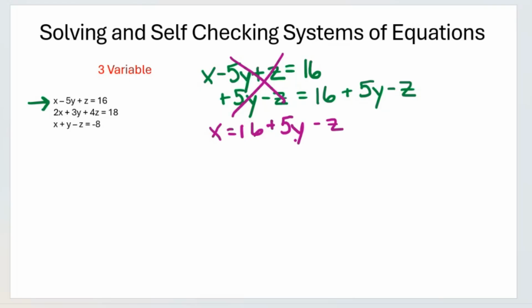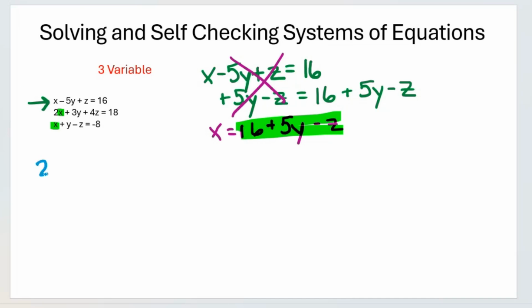Now, once I have that, I'm going to focus in on the other two equations. But everywhere I see an x, I'm going to be writing this expression. And it's going to let me get down to just having two variables, which is what we've been working with. So let me just rewrite the first one.